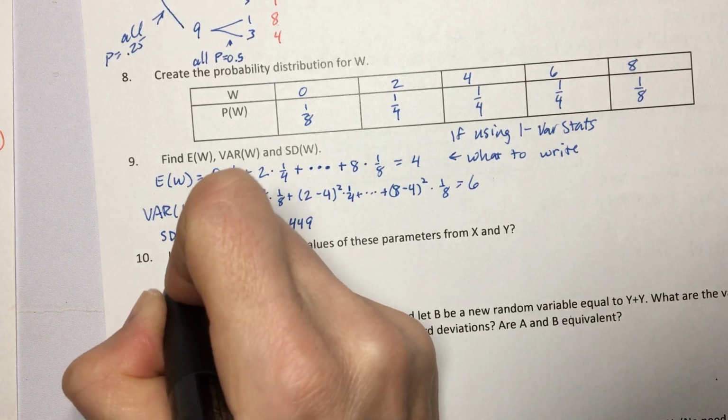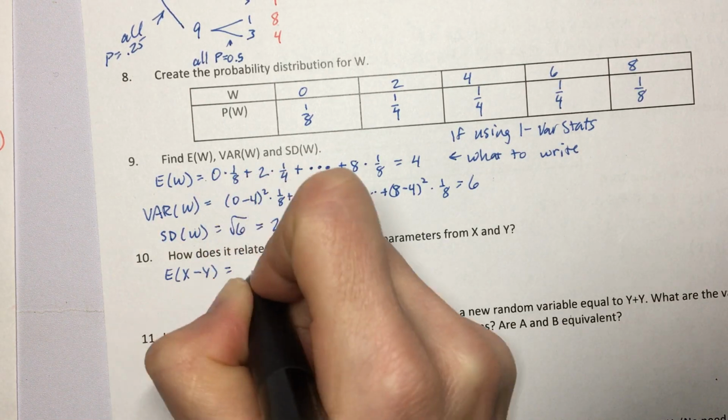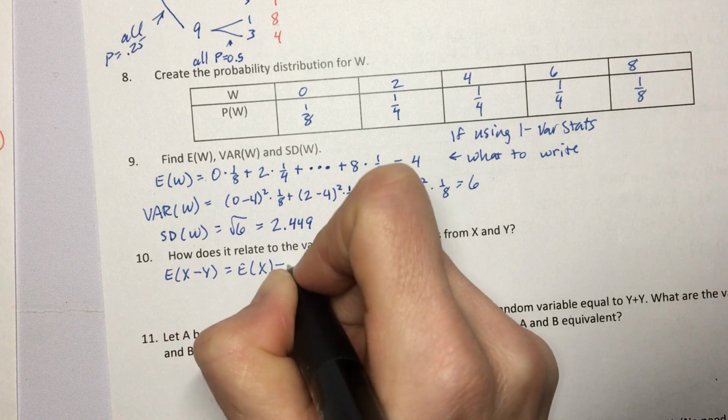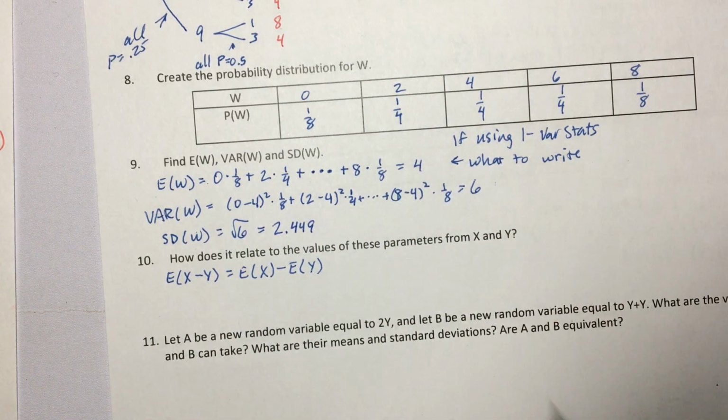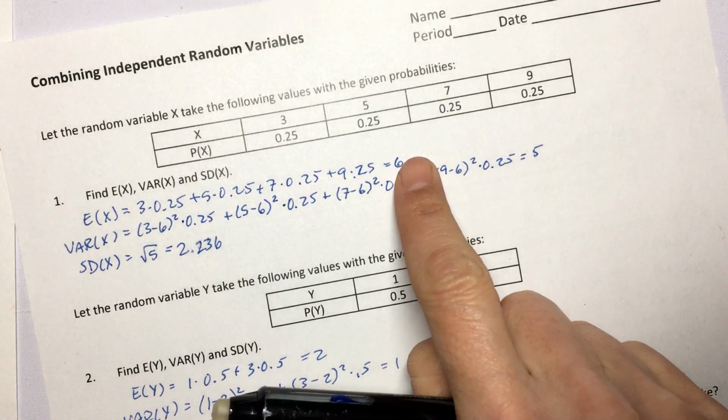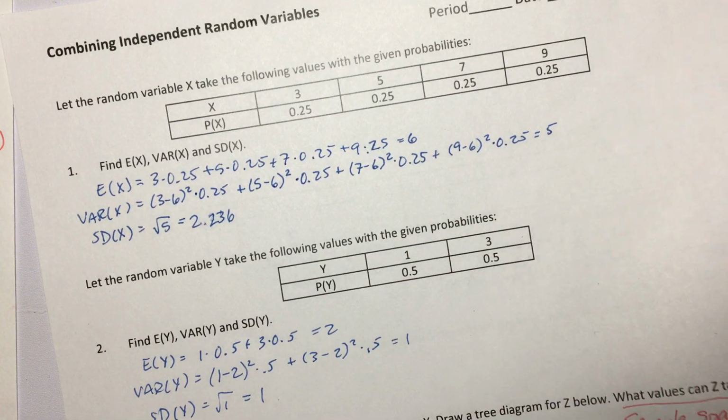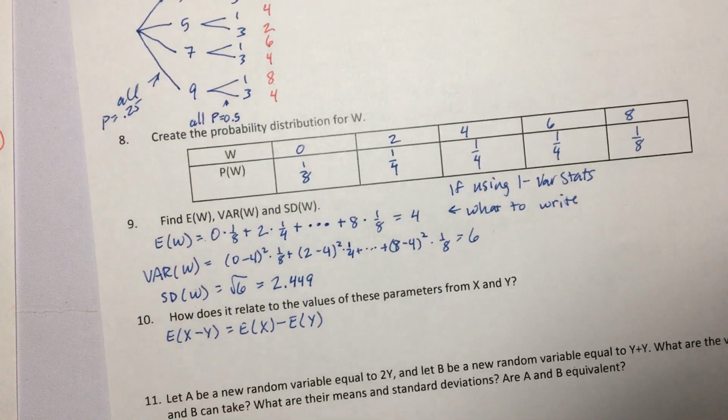So our expected value of x minus y is the expected value of x minus the expected value of y, because originally we had, a reminder, 6 and 2. So we just subtract those.